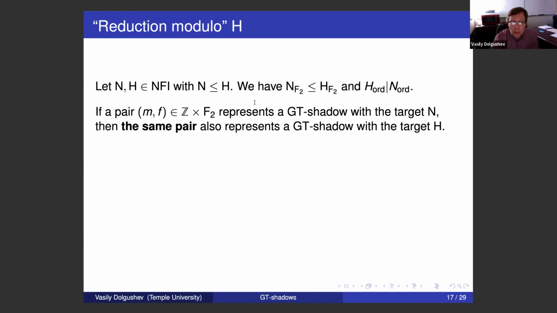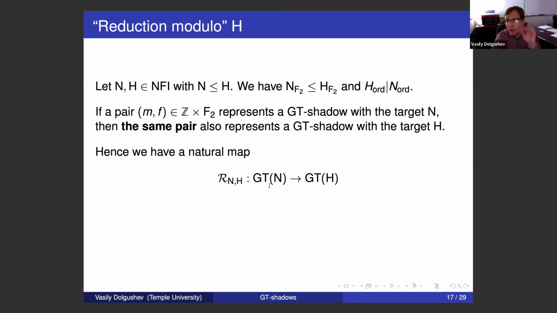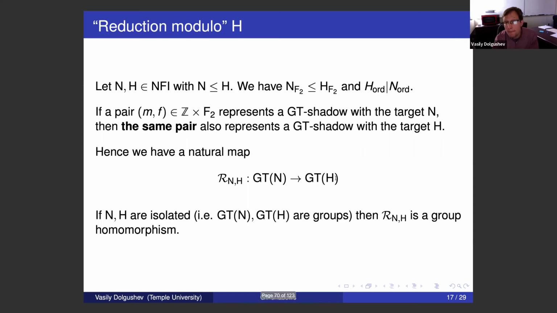And then it's relatively easy to see that given a pair that represents a GT shadow with target n, the same pair will also represent a GT shadow with target H. Hence, we have a natural map, a kind of reduction modulo H, from GT_N to GT_H. Moreover, if n and H are isolated, it means that GT_N and GT_H are groups, because connected components will have only one object, so they will just be groups.